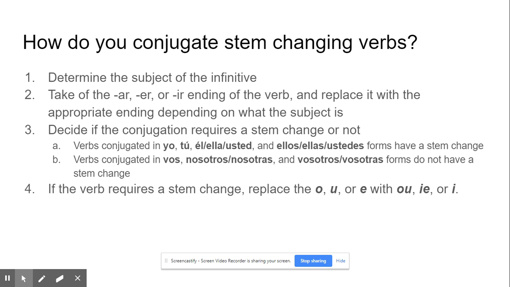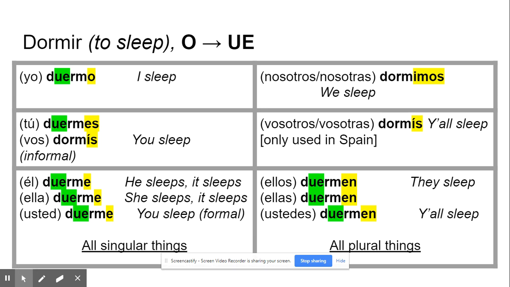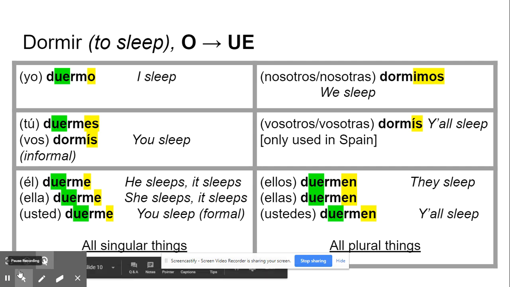So let's go look at some examples. Here's our first example. We have the word dormir, and we know that dormir means to sleep. It just so happens that dormir is an O to UE stem changing verb.